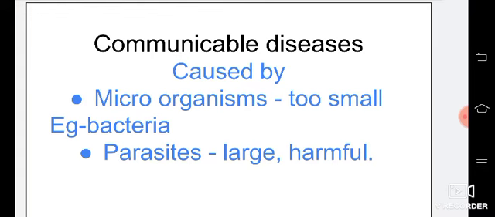So what are microorganisms? Micro, the name itself tells you it is too small. For example, bacteria. Bacteria are too small, you cannot see them with your naked eye, but they are found everywhere in the soil, water, air, and even inside our body.